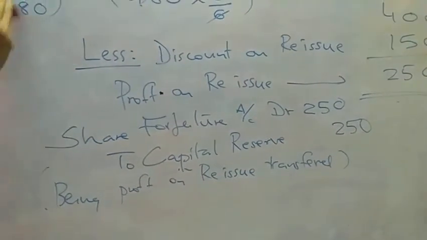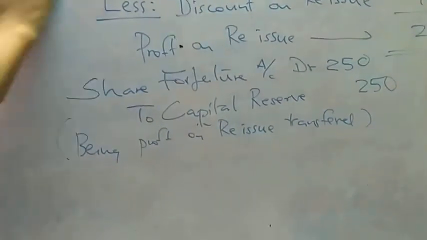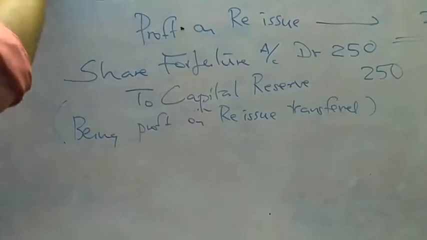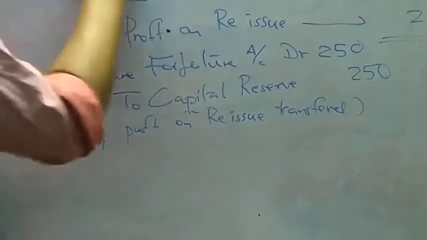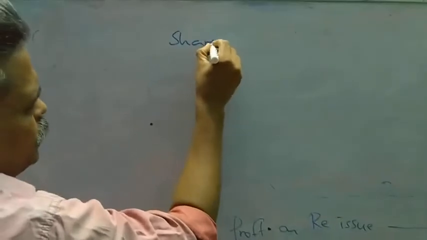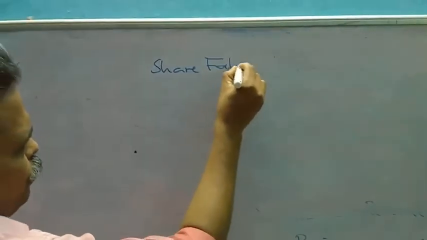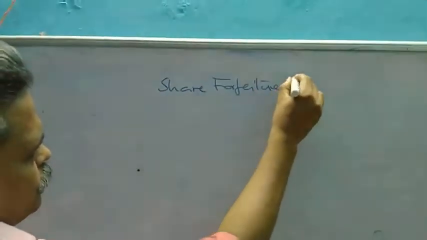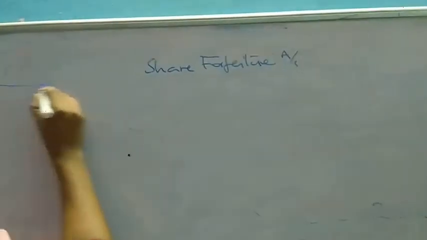Then you have to understand, you have to prepare the balance sheet. So you have to prepare one account which is known as share forfeiture account. Very simple it is. Only some entries are there. So you make an account like this.